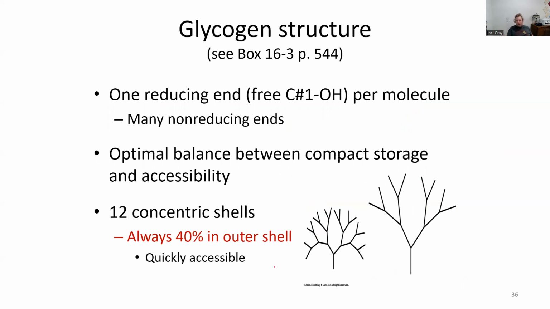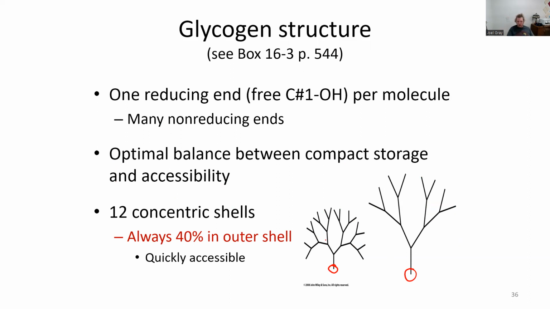The hallmark of a glycogen structure or glycogen molecule is you're going to have one reducing end. I circled those reducing ends on the bottom of these two macromolecular models. And that's just the freely accessible carbon number 1.